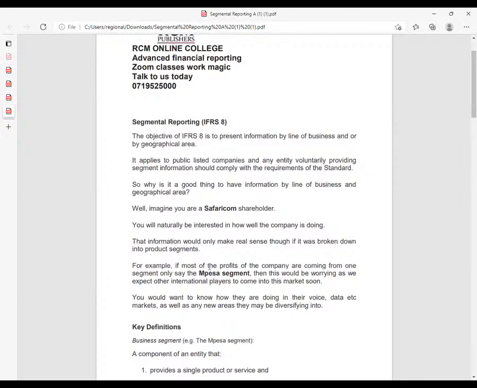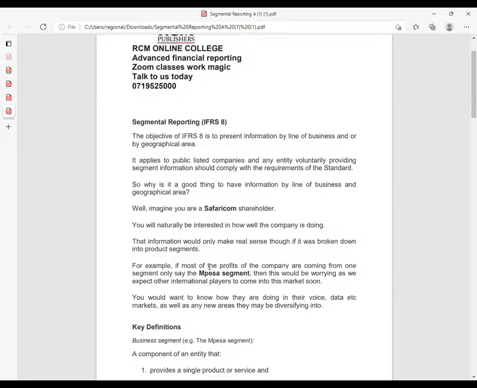For example, if most of the profits of the company are coming from one segment only, say the M-Pesa segment, then this would be worrying, as we expect other international players to come into this market soon. You would want to know how they are doing in their voice, data, etc. markets, as well as any new areas they may be diversifying into.